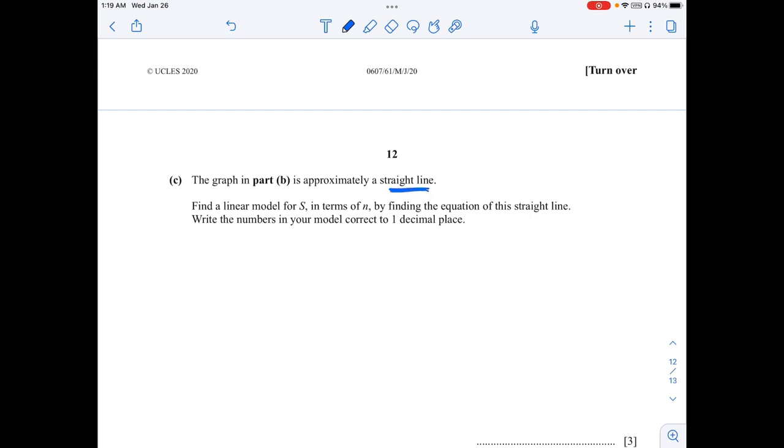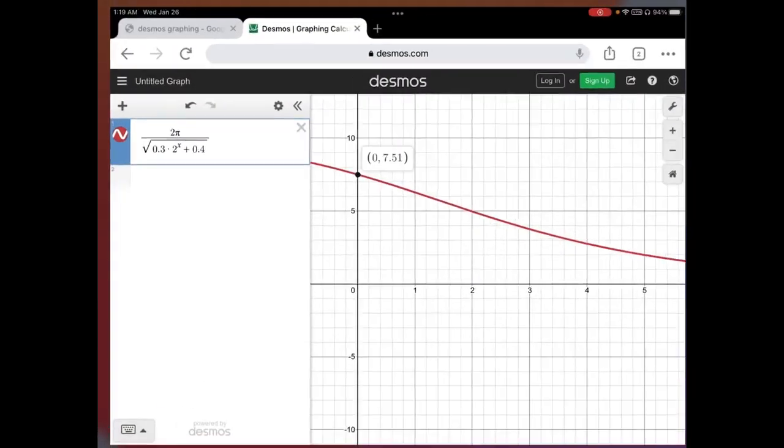That's what he's saying. Find the linear model. So it should be in the form y is equal to mx plus c. So c, we just got 7.5. That is of no issue. Now we need to get the gradient. For getting the gradient, you have to get 2 points.